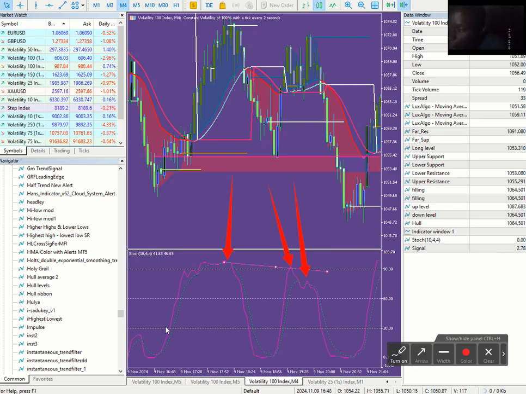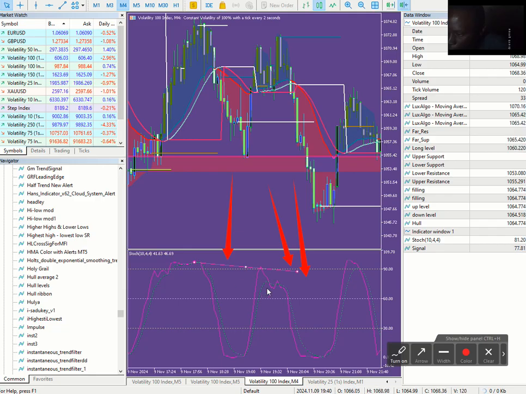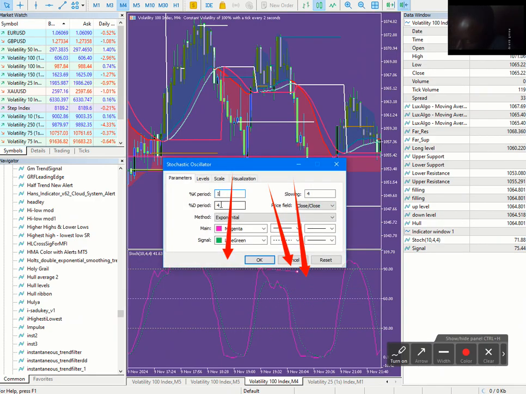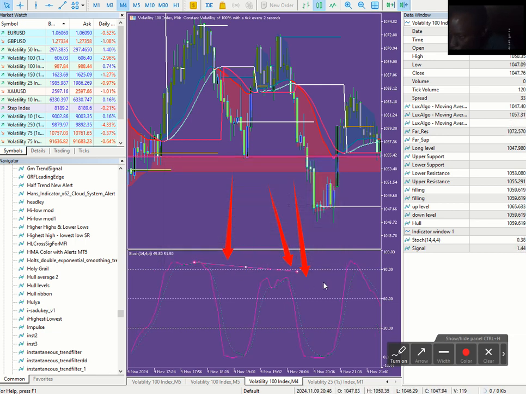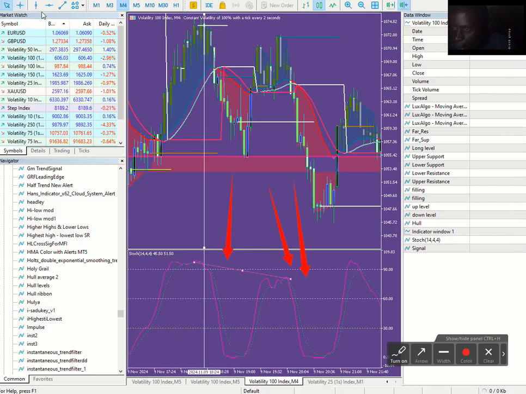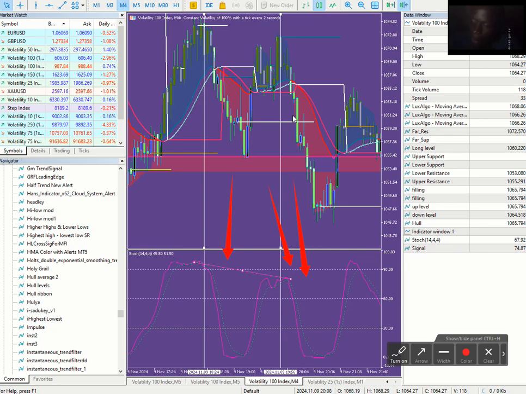When you look at this indicator here, this is the stochastic indicator and the settings are 10, 4, 4. Let me change it to 14. And then consider these 2 points here, this point as well as this point here.